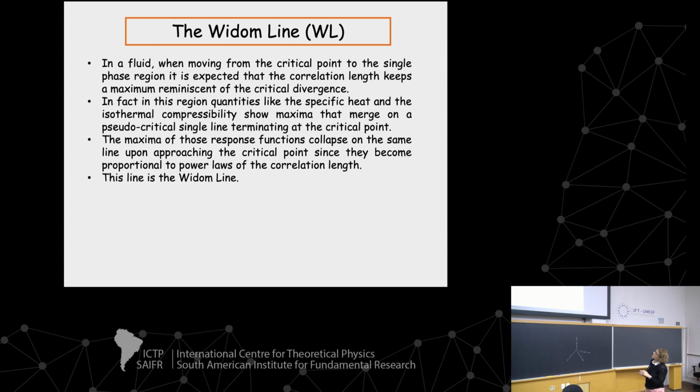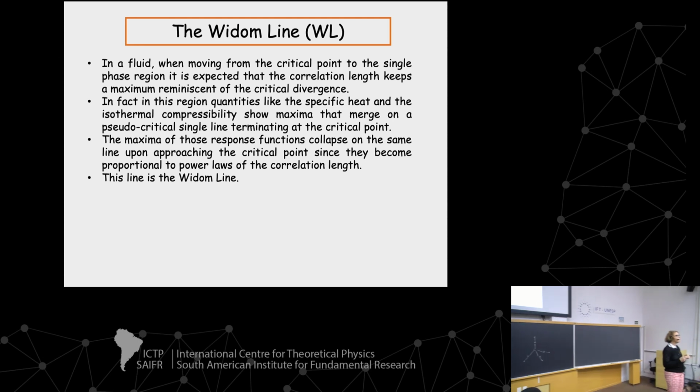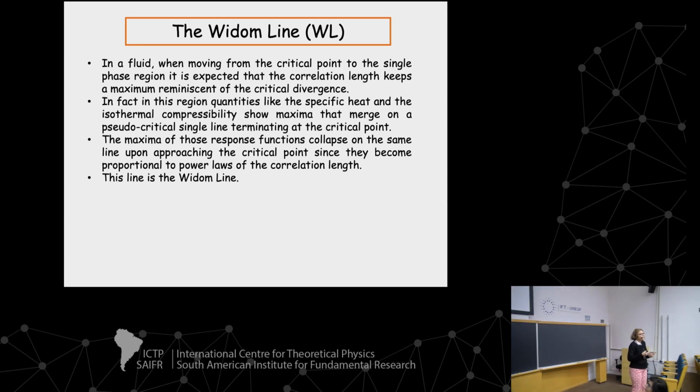Okay, the Widom line, what is it? In a fluid, when we move from the critical point into the single phase region, you expect the correlation length to start showing maxima. These maxima are anticipating the divergence of the correlation length at the critical point.